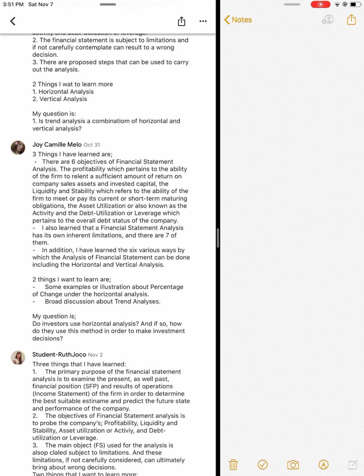Question from Camille. Do investors use horizontal analysis? And if so, how do they use this method in order to make investment decisions? So I guess that is somehow explained in my previous answer. Investors are considered to be users of financial statements.